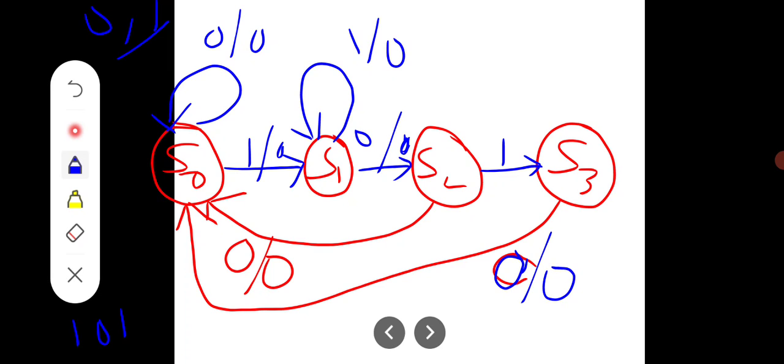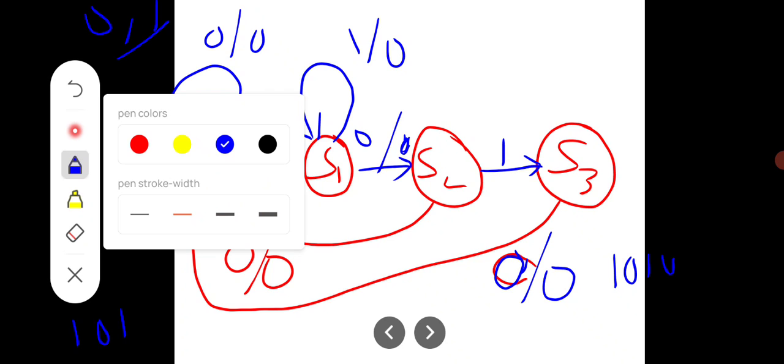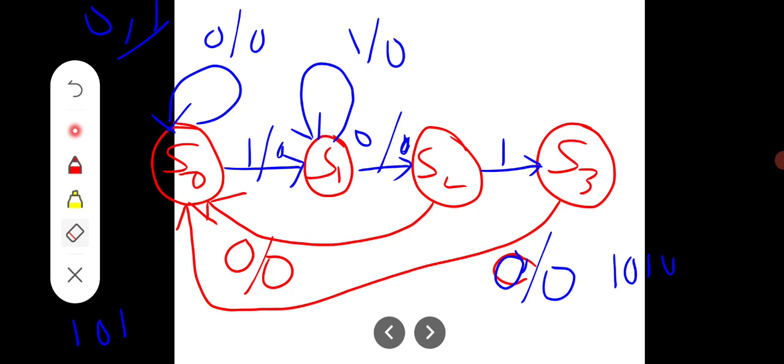Suppose after S3 state, 1 0 1 is over, and after that you get the input 1. What happens is this can be treated as the starting bit of the sequence. 1 is detected. If 1 is detected, it will wait for the second bit. Where are we waiting for the second bit? After S1 state.